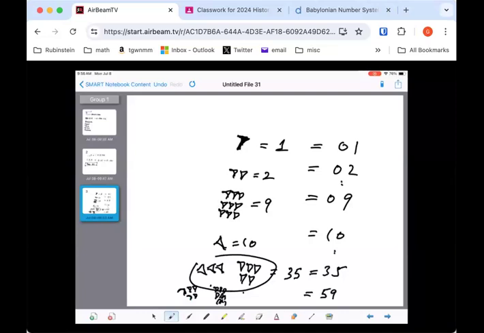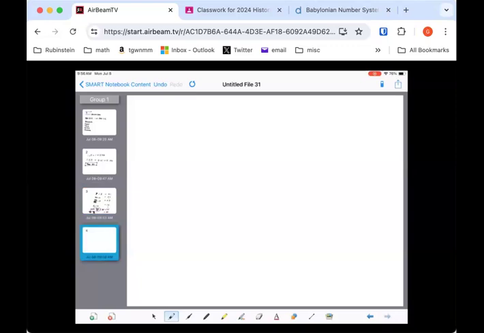So at this point, you're feeling like Babylonian is just base 10, just like we have. But something kind of weird happens in the Babylonian number system here, which is going to be kind of funny to us. After the number 59, the next number in the Babylonian system, we're going to write this way.